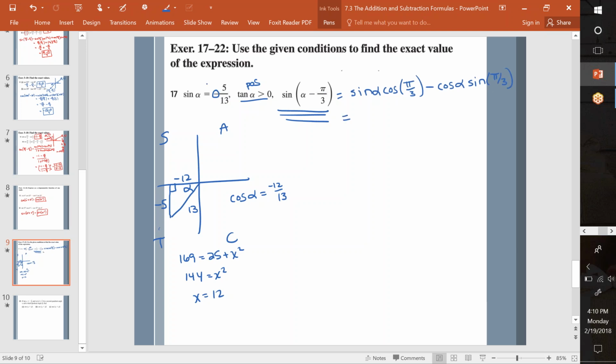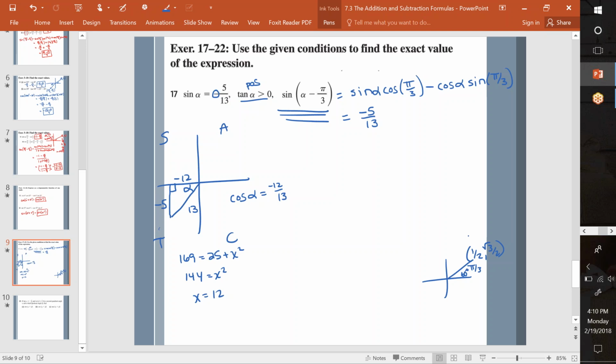Okay, so sine of alpha we know is -5 over 13. Cosine of pi over 3, in case you need a little reminder, pi over 3 is over here as 60 degrees. And at 60 degrees, you get the 1/2 and then the square root of 3 over 2.